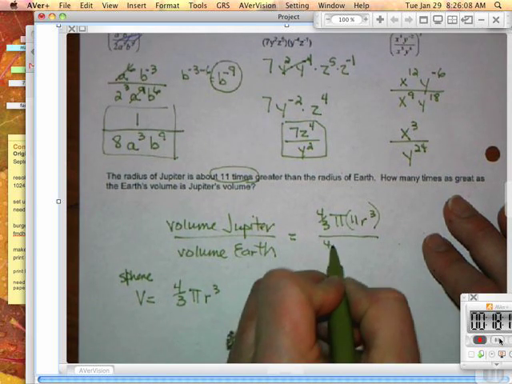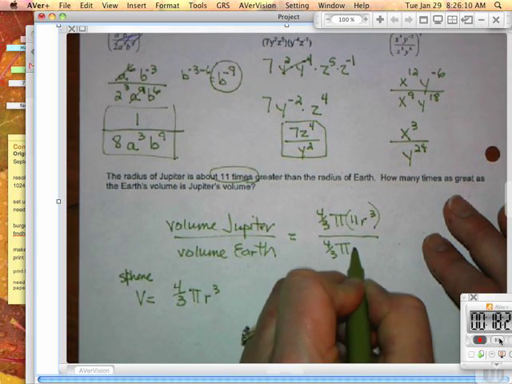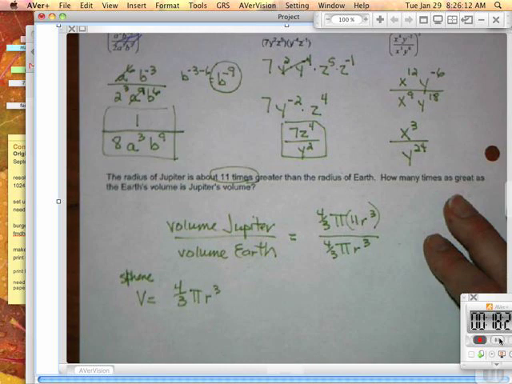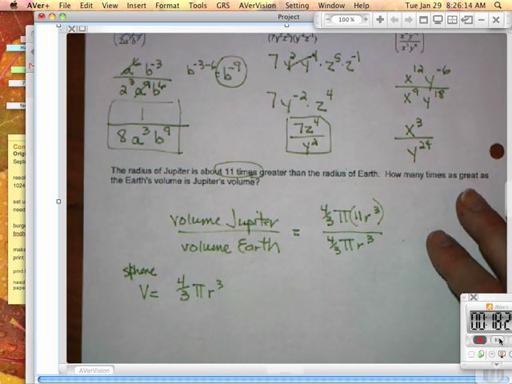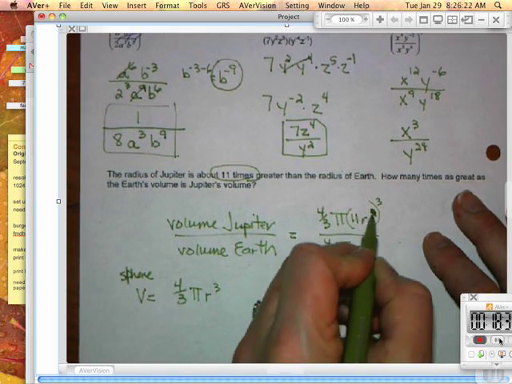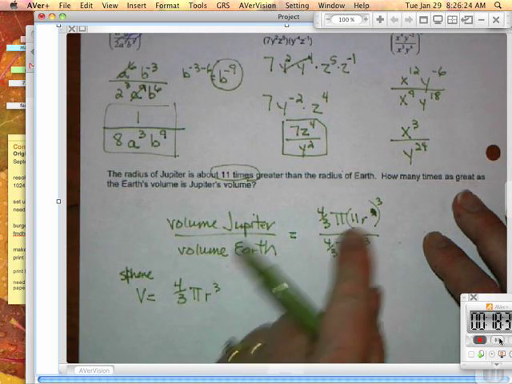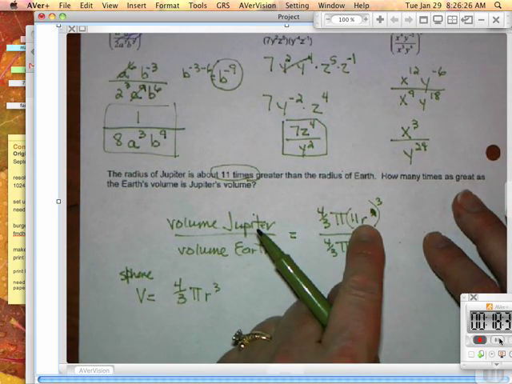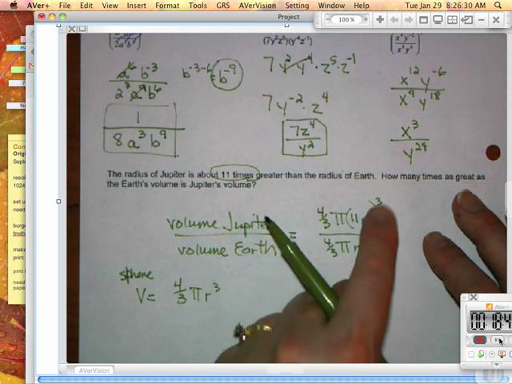I know I don't know the radii, but that's okay because stuff's going to cancel out. I wrote this wrong. I'm sorry. This has got to be outside here because it's 11 times the radius, not 11 times the radius cubed. And then all of that is cubed for the Jupiter's radius.